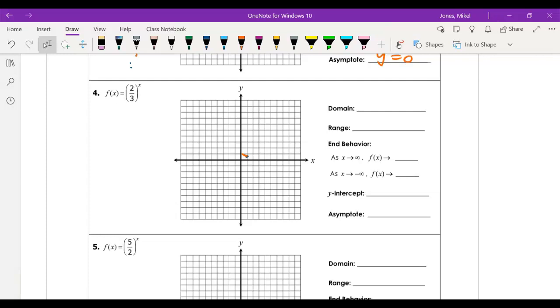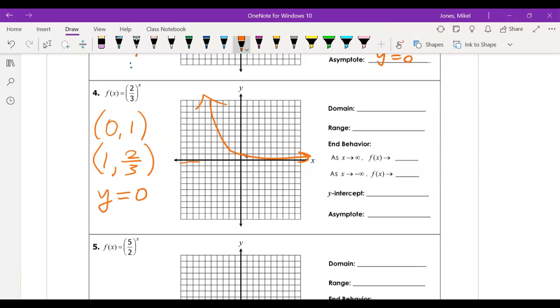So first of all, is this growth or decay? Decay. Okay, good. Okay, so it looks something like that.